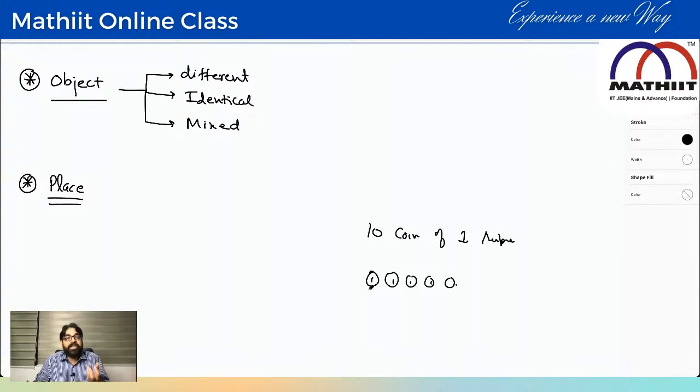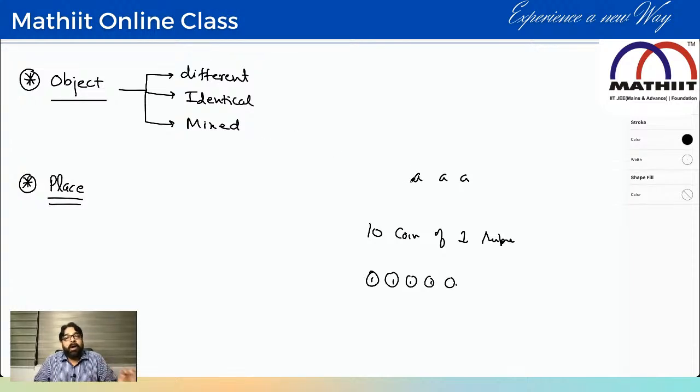Each coin has the 1 rupee value, so they will be considered identical. Or maybe I'm saying there are 3 A letters. They will be considered identical. Don't say, sir, this A looks different from that A, there is a gap. Nothing like that. The letter A has its own value, so we'll say 3 A's are identical.